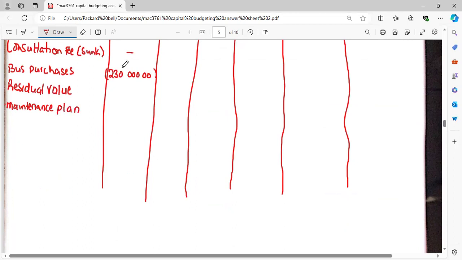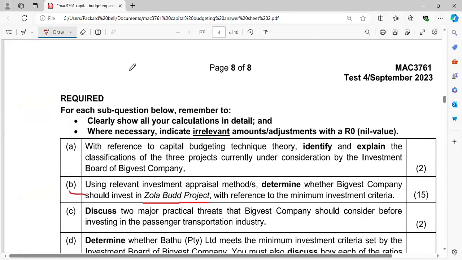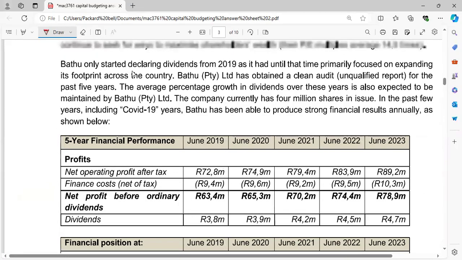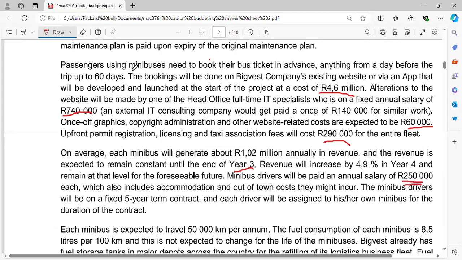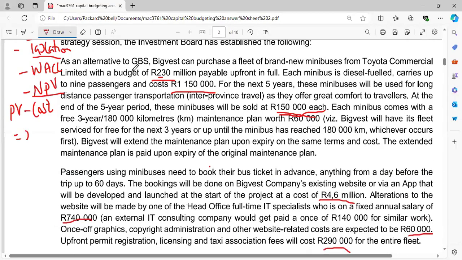Right, let's look for any other. So the next thing after the maintenance plan is this paragraph. They say passengers using minibus need to book their bus ticket in advance, anything from a day before the trip up to 60 days.